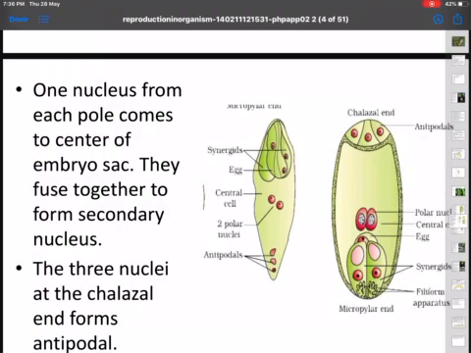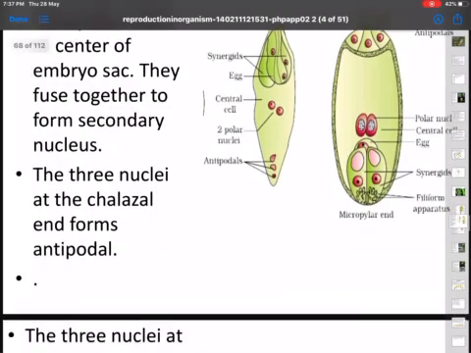And the other 3 you are able to see at the micropylar end. These are 3 cells. Out of the 3, 2 are called synergids, 1 is called the egg, the functional egg. And at the synergids you can also see a special structure called the filiform apparatus that helps in movement of the male nucleus.